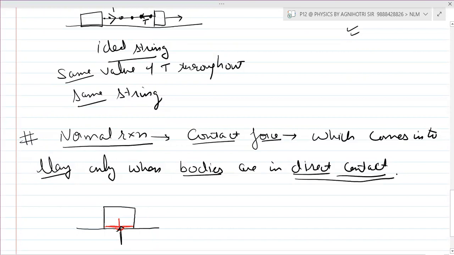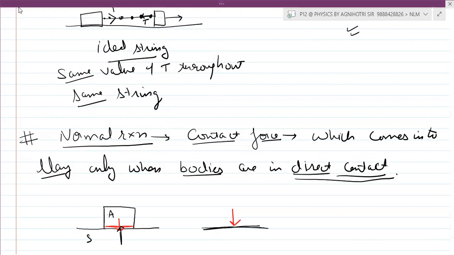Is it clear? Now if I say this is body A, this is the surface, and I ask what is the force on the surface due to contact, then you will say it is this force only, right? Because of red.